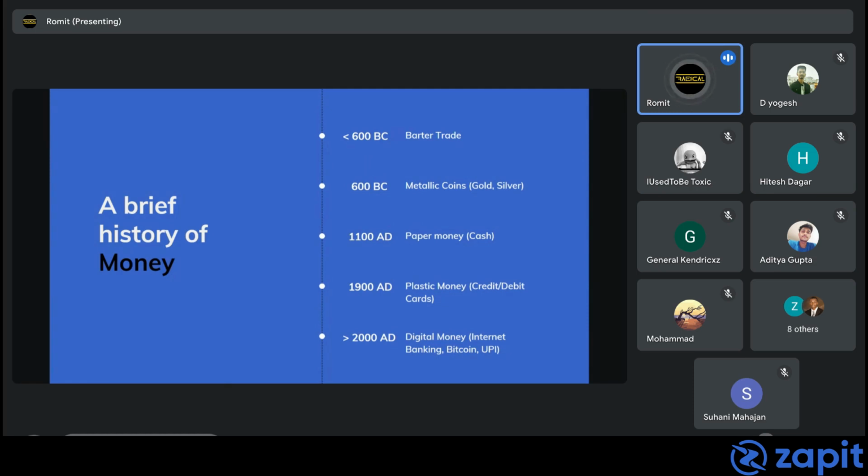I think everybody must have used a credit card or a debit card, where now you're actually storing your paper money with the bank. So people thought, okay, paper is now the money, so we're going to keep the paper in the bank and get a card instead. And we will use the card to make payments wherever we go, either by swiping, by tapping, however that works, or online, things like that.